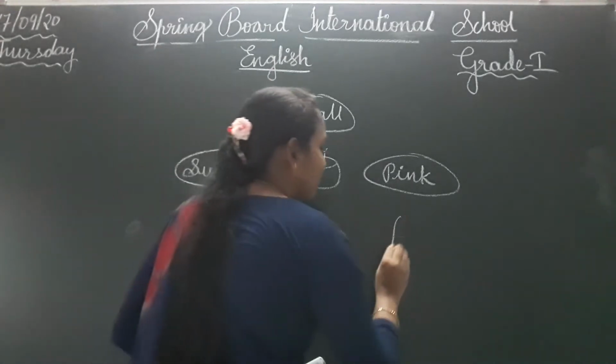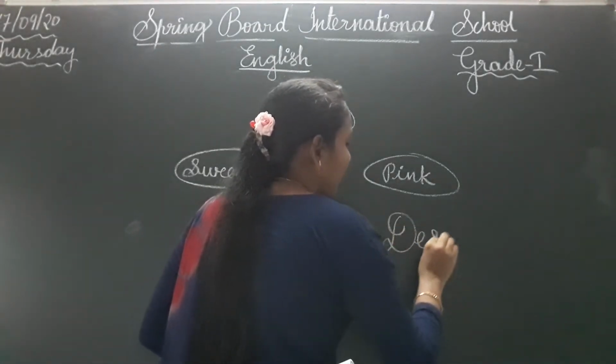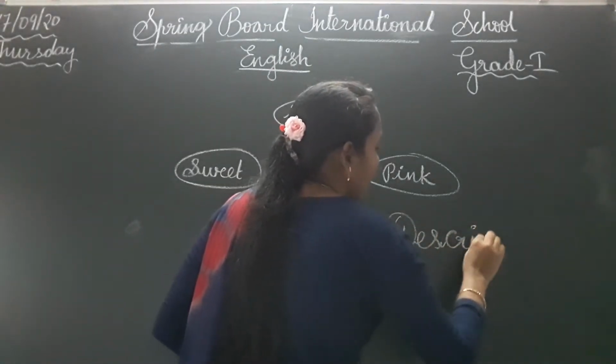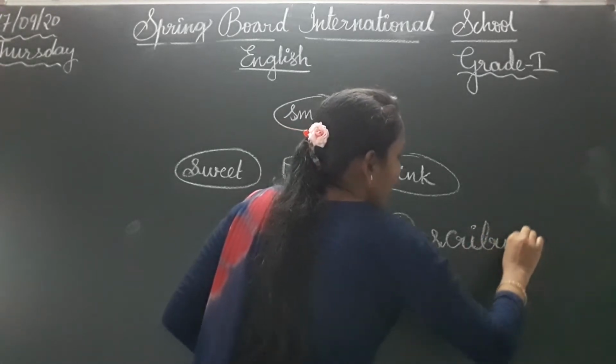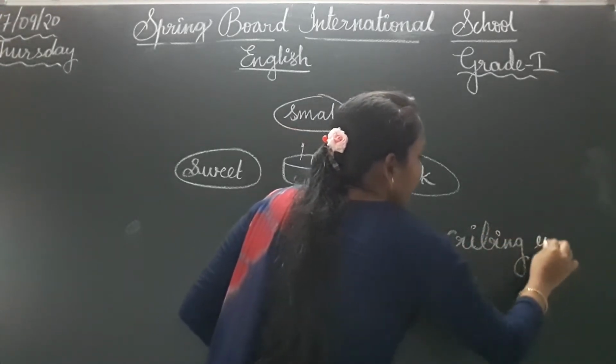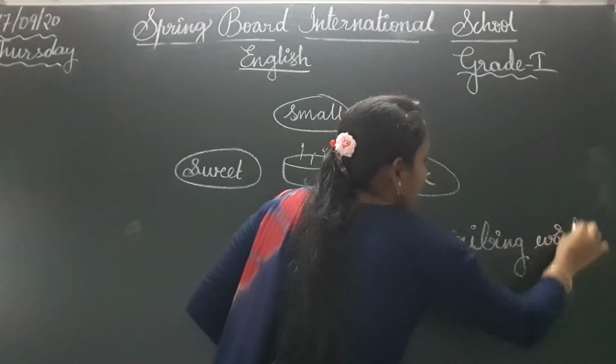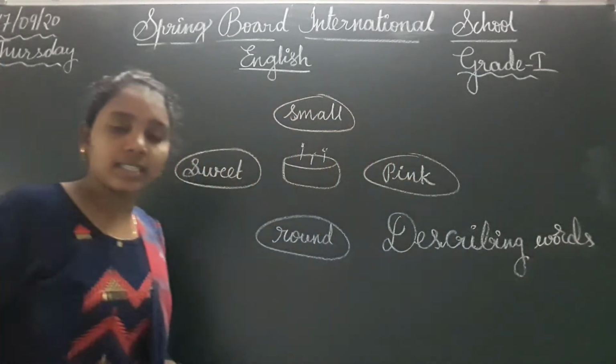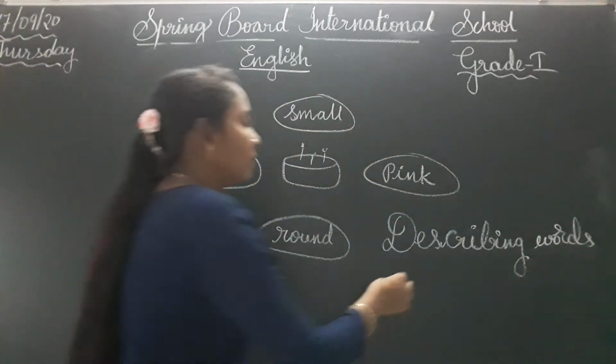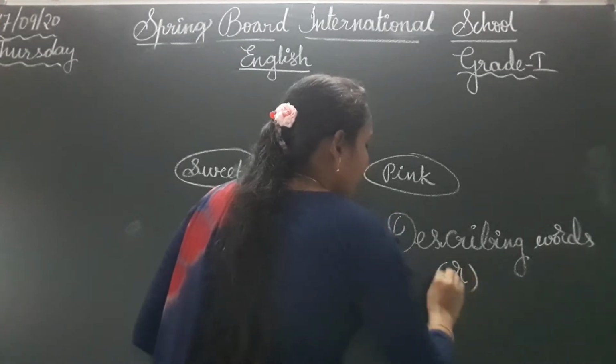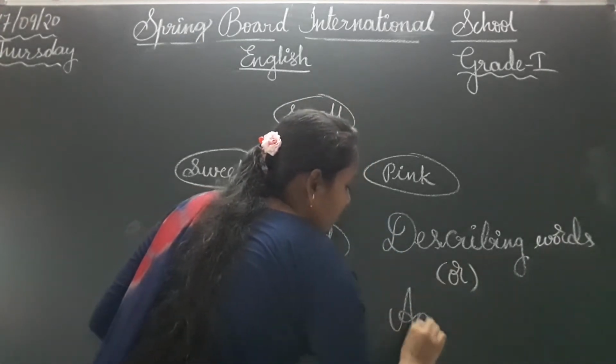Okay, here see children, describing words. That means it describes a noun, or we can call it adjectives.